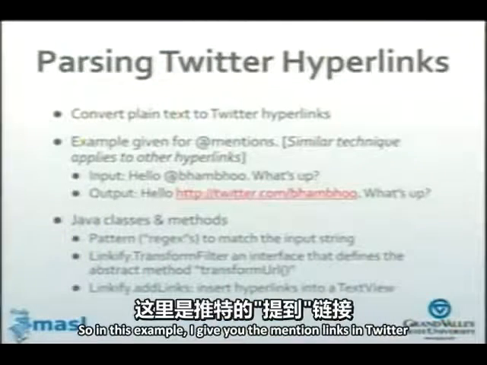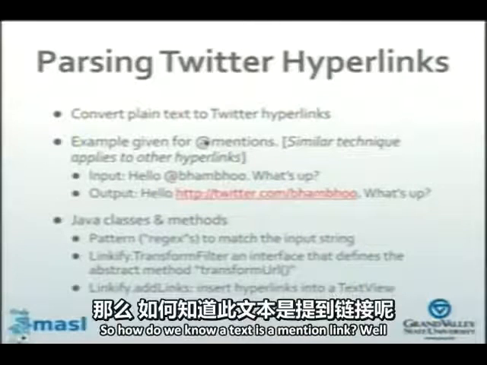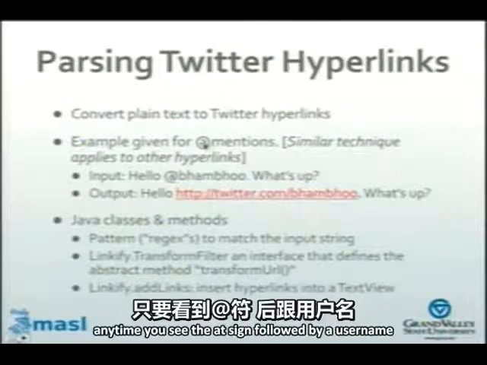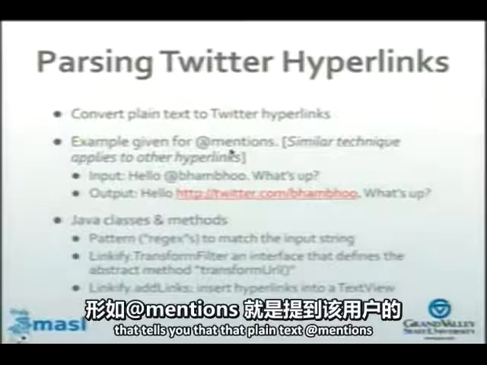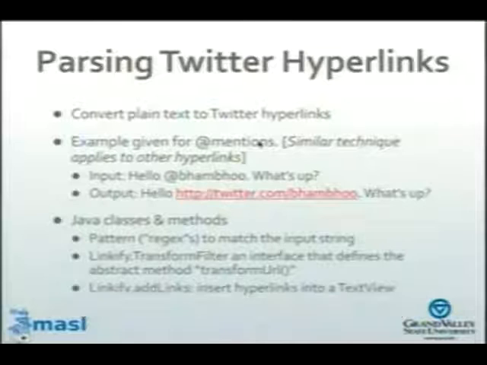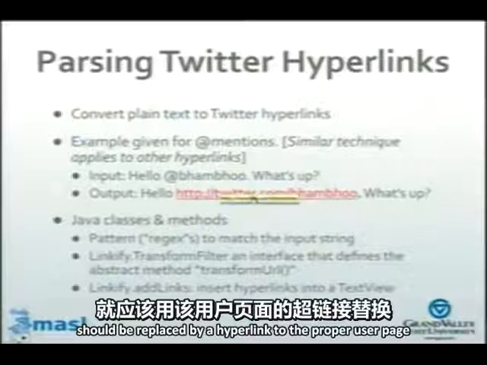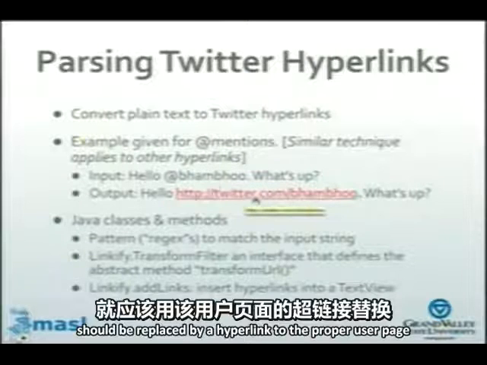In this example, I give you the mention links in Twitter. So how do we know that a text is a mention link? Well, anytime you see an @ followed by a username, that tells you that that plain text @mention should be replaced by a hyperlink to the proper user page.